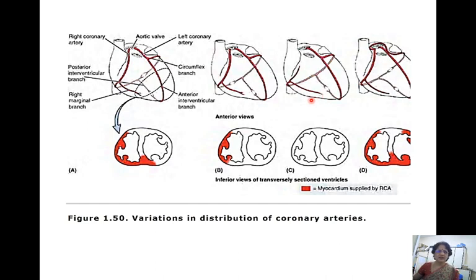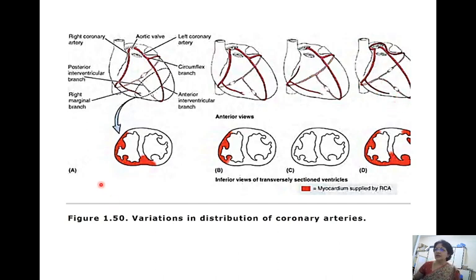In fact, apparently this is a known variant. This one looks like much of it is with the right. The left coronary has given the anterior interventricular, marginal, and circumflex branches.